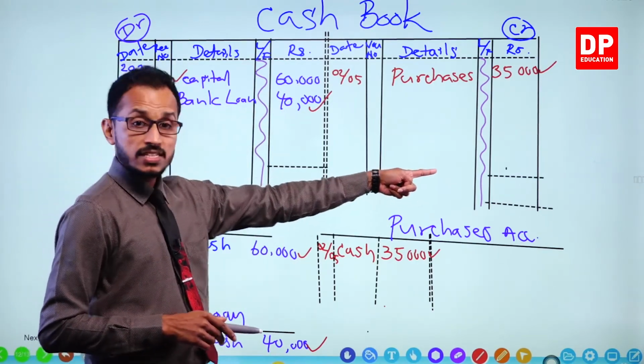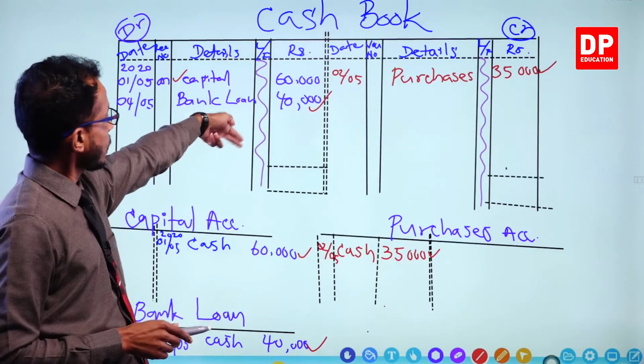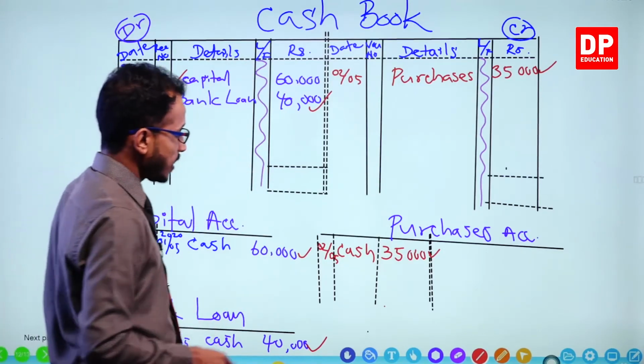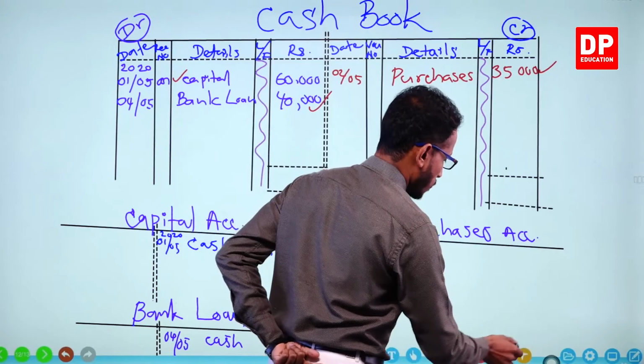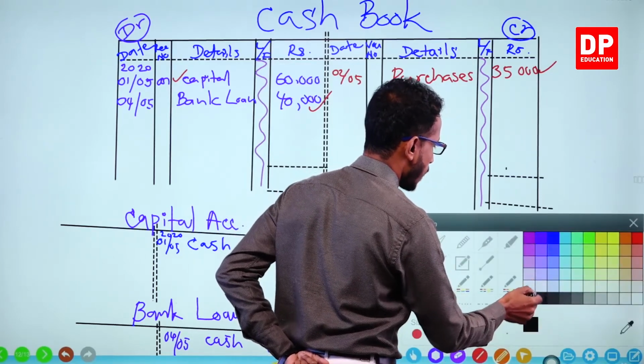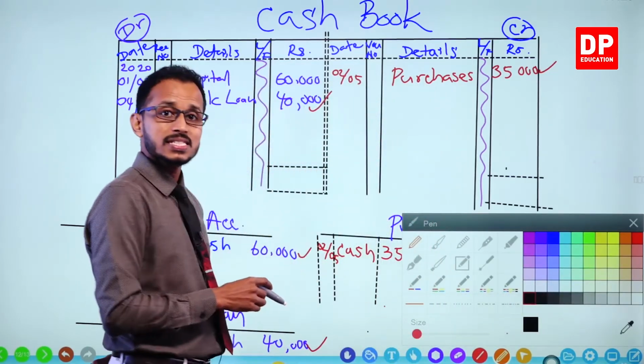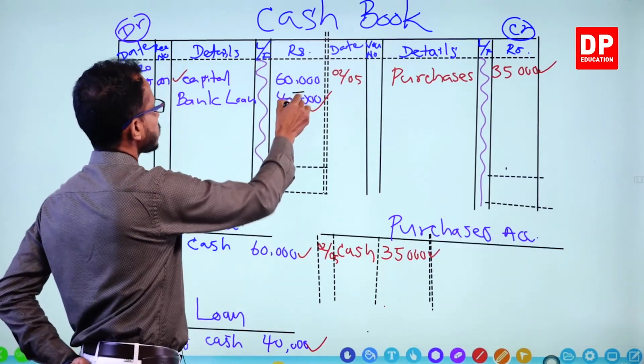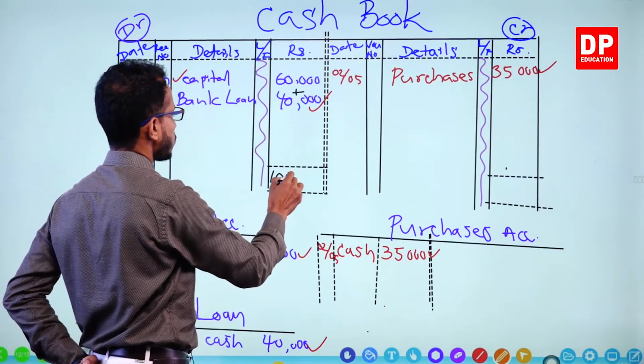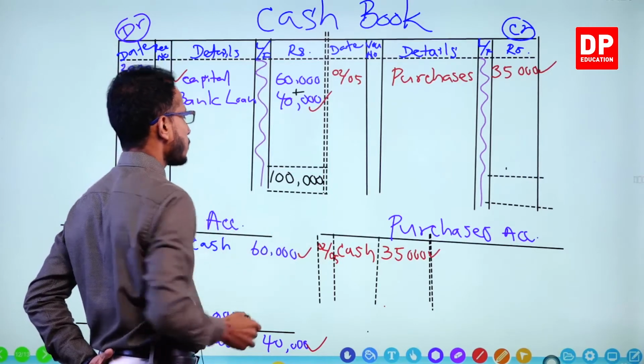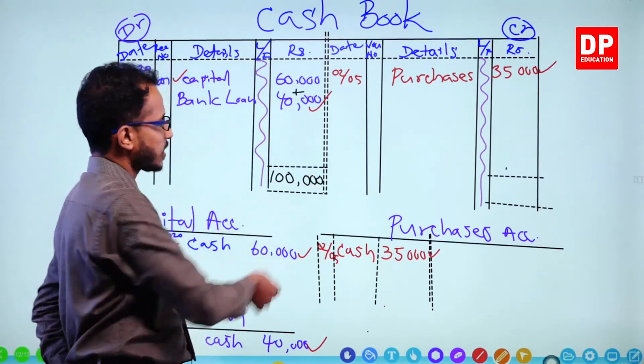Yeah, we were guessing which side has the greater total. Debit side has the greater total. Let's take the debit side sum to the sum box. 60 plus 40, it's 100,000. Write the total inside the sum box.